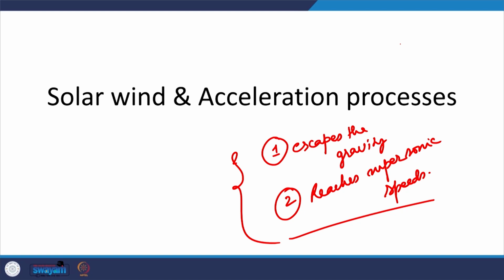So, the solar wind has one very important feature that we have to explain: one, how it escapes the gravity, and number two, how the solar wind reaches supersonic speeds, right. So, these two are the things.